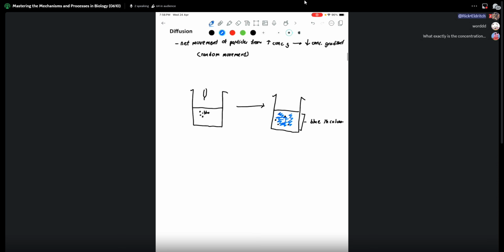Another way is that maybe on one side I have a lot of these gas particles, and on the other side I have only maybe three of them. So diffusion happens from a higher concentration gradient to a lower concentration gradient. These extra gas particles will eventually diffuse down, moving from a higher concentration gradient to a lower concentration gradient.